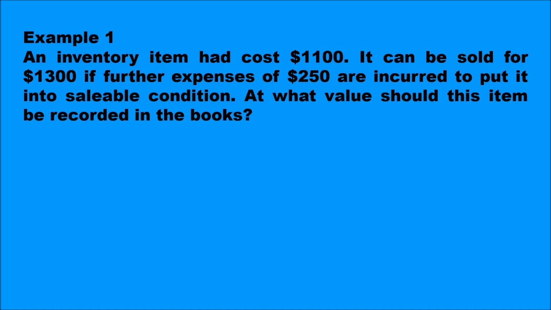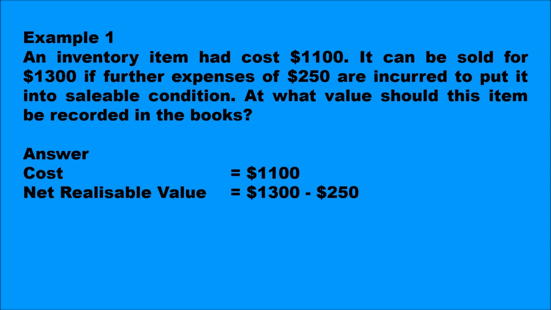First, we need to identify the cost and the net realizable value. The cost is $1,100. The net realizable value is the realizable value of $1,300 minus the expenses to put the goods into saleable condition. That would lead to $1,050.